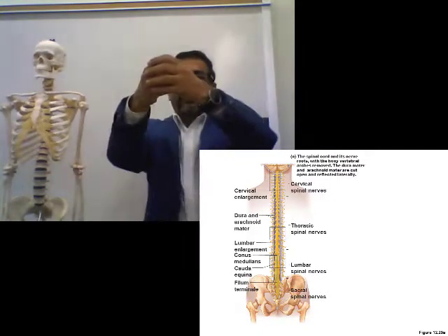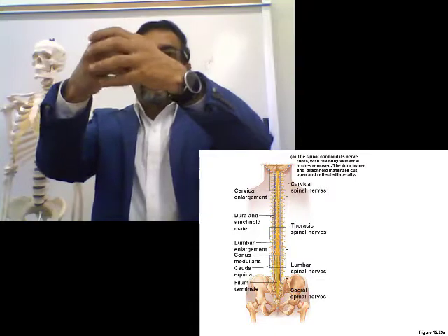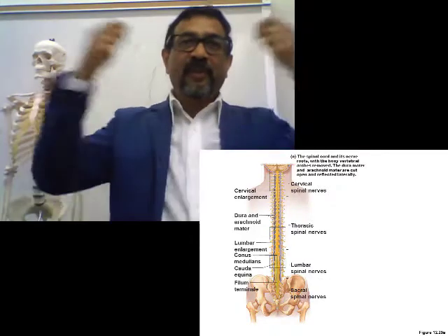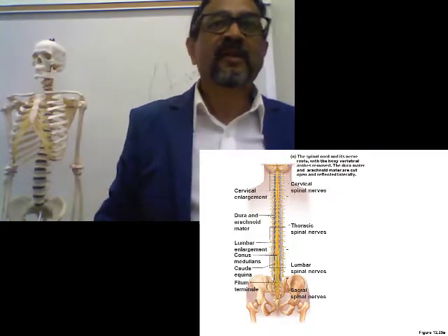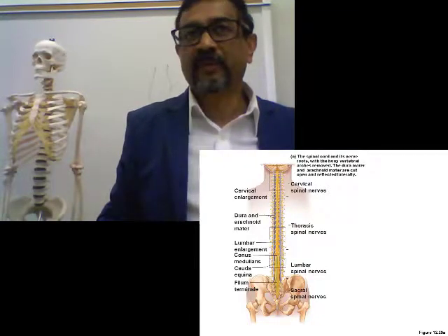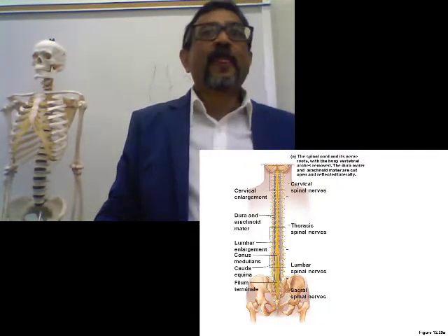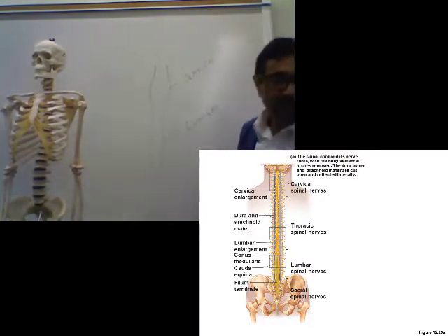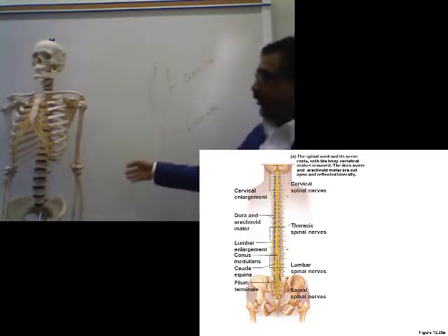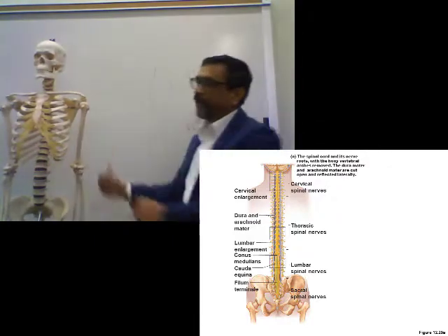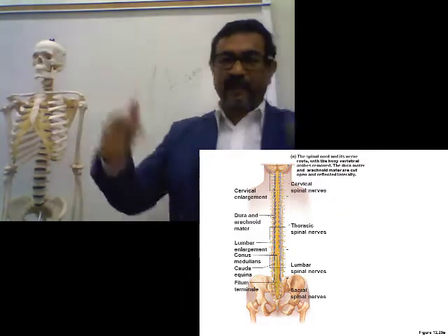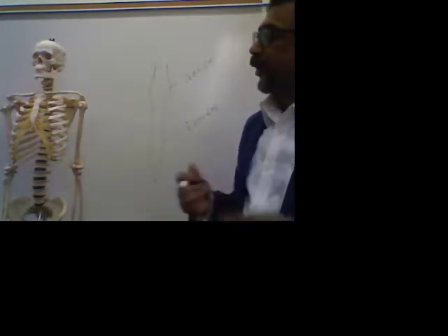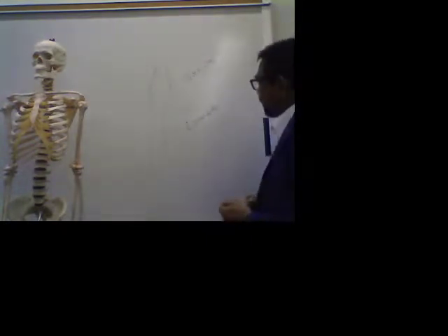That's why that part is expanded, because more neurons are there to receive or send the signal from or to those nerves. Make sense? So that's why in those two locations you see expansions, because the nerves from the upper and lower limbs get there. Anyway, so two expansions.